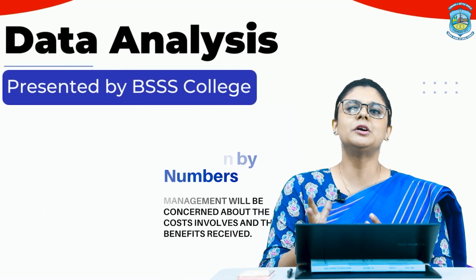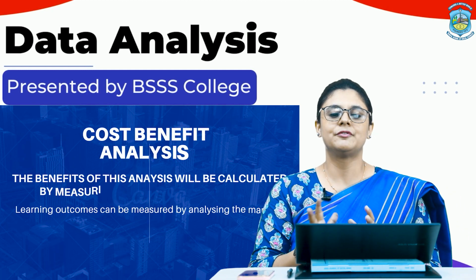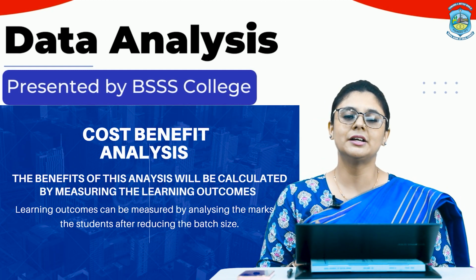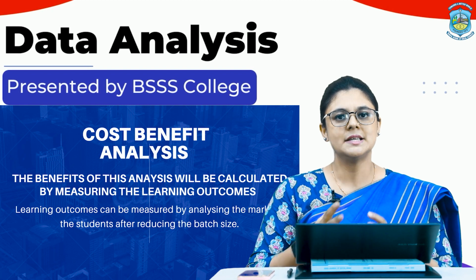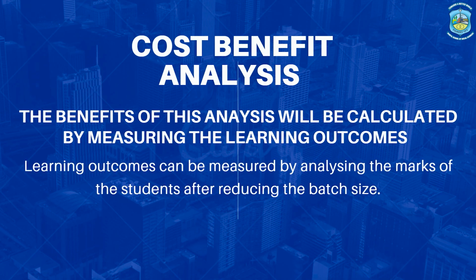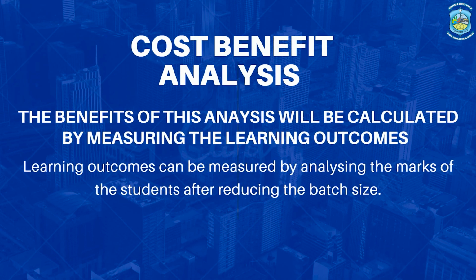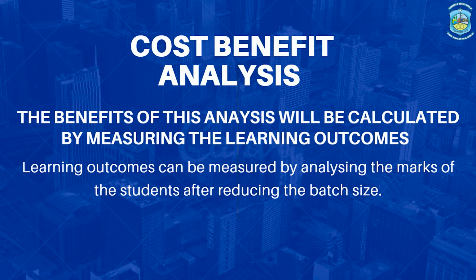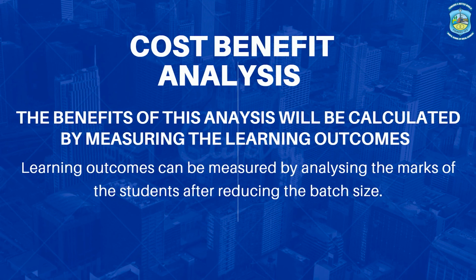Now, what could be these cost decisions? For example, they will have to hire new teachers if they are splitting an entire big class into smaller classes, right? There would be cost involved for hiring, there would be cost involved for infrastructure, and of course, there will be other maintenance charges also.